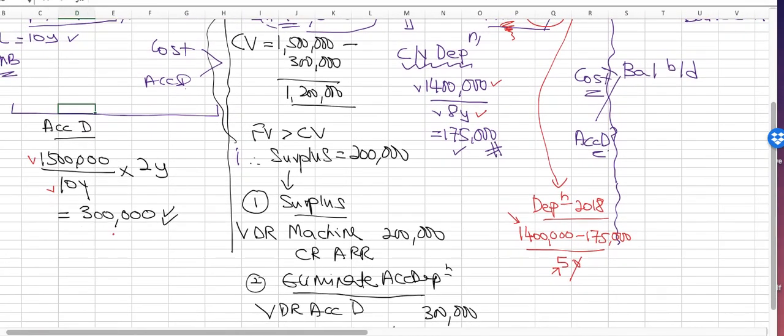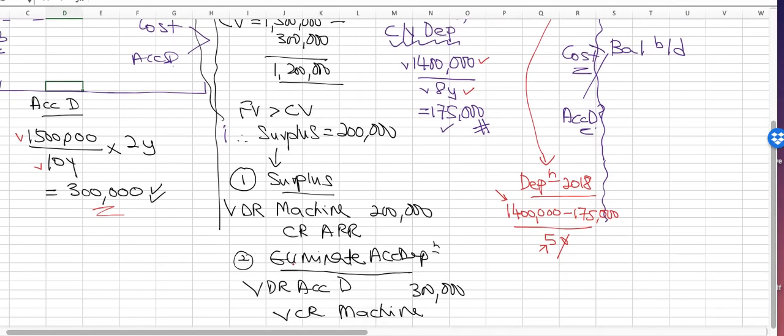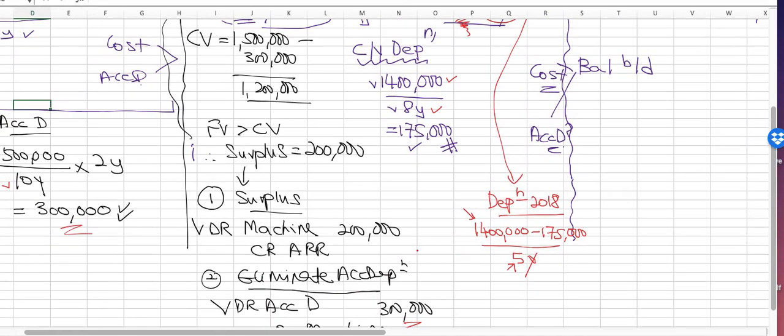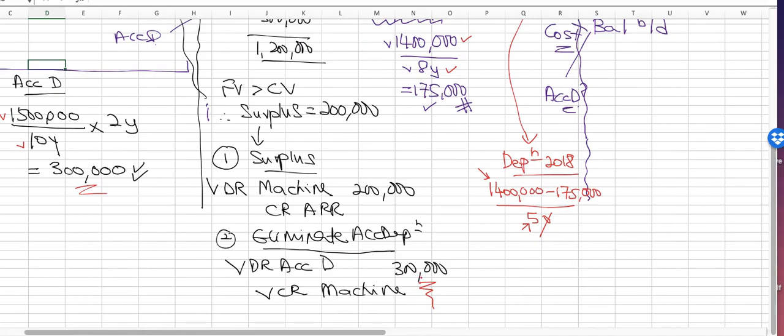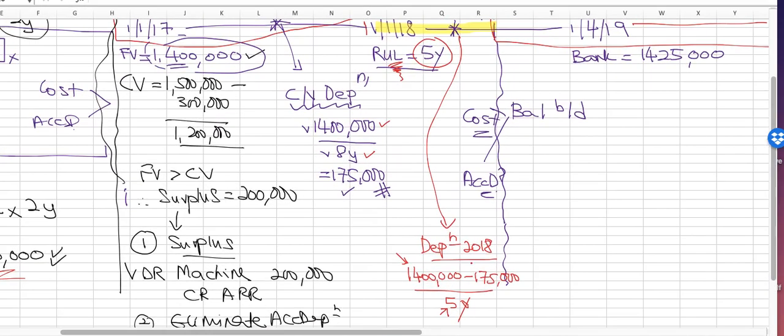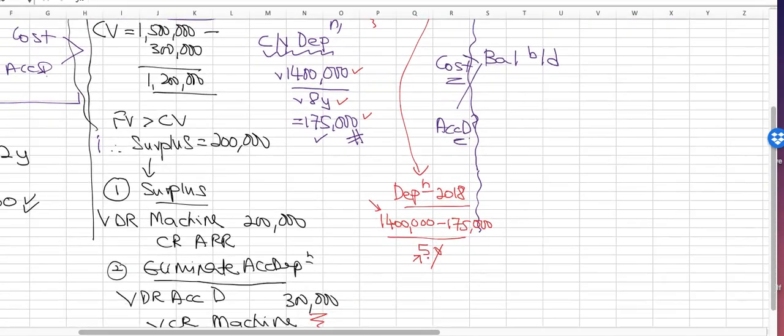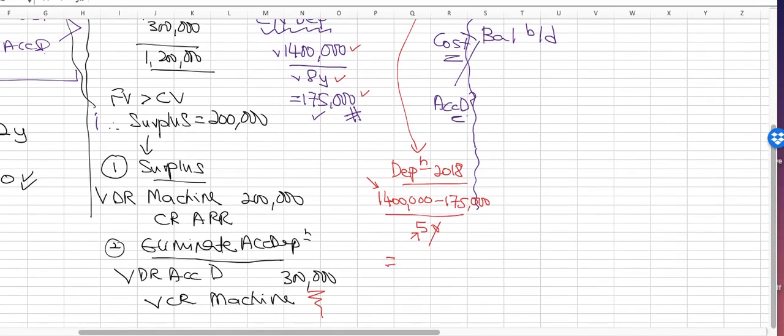Oh, madam, then what happened to this 300? Okay, hello. This one you have already eliminated. So once you eliminate, forget about it. It is no longer in the account. You have removed this 300. There is no more story of 300 here. So when you deduct, you only deduct this one because this is the subsequent depreciation. Alright, so you will get 245,000.